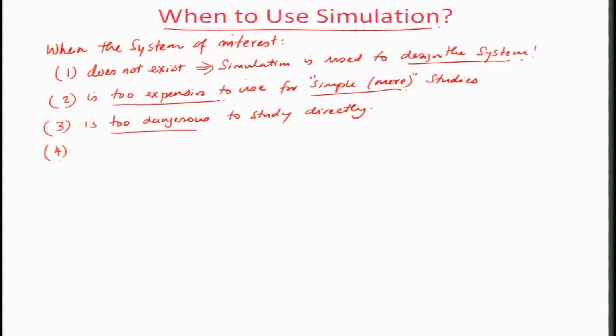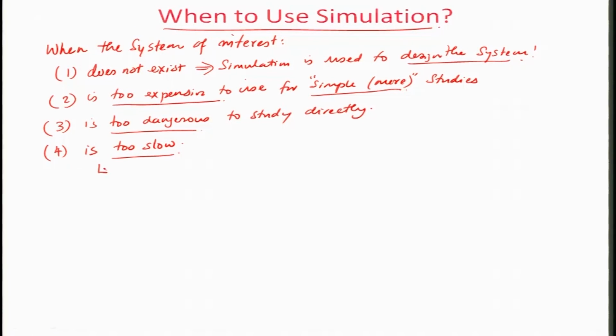Okay. Then the fourth part is the system of interest is too slow. Okay. What is the impact of the GST on the country in 10 years or something like that. The system takes 10 years to do it, you cannot do anything about it.